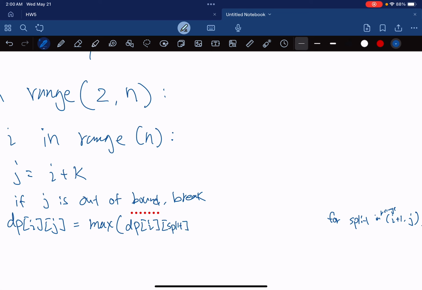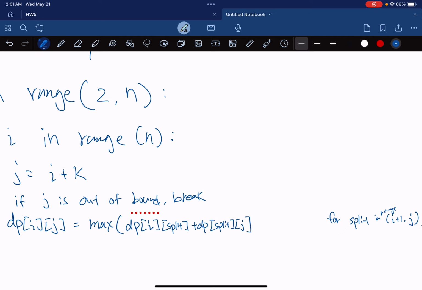And that's the left side. And the right side would be dp of split to j. And we know that split and j are both non-inclusive.